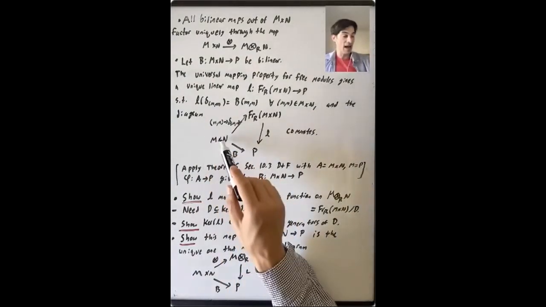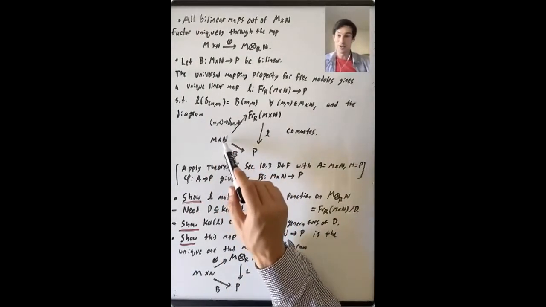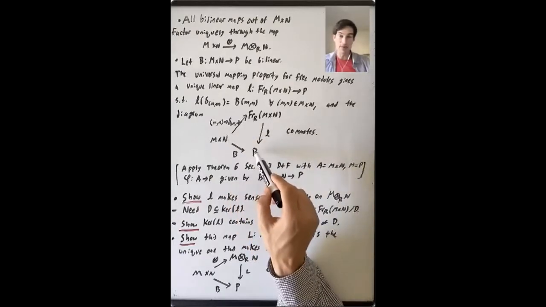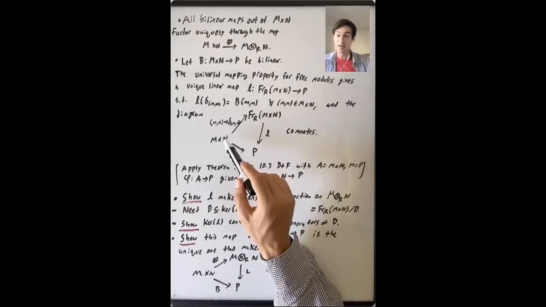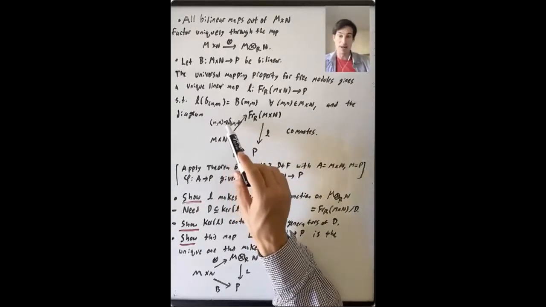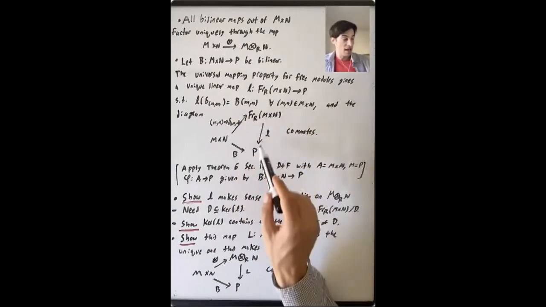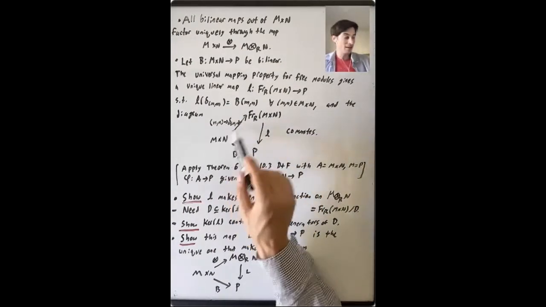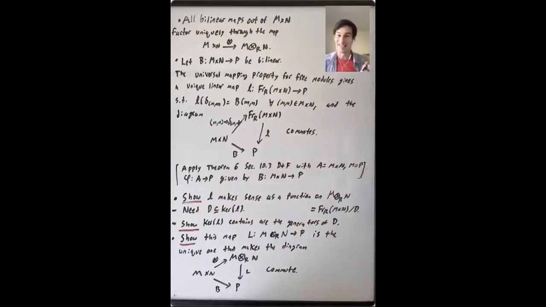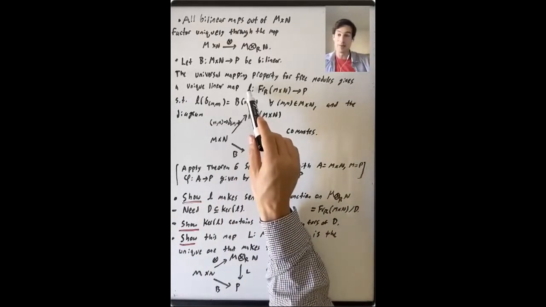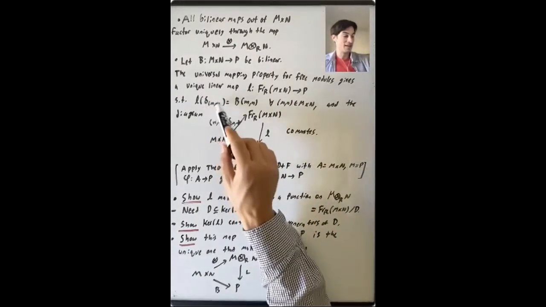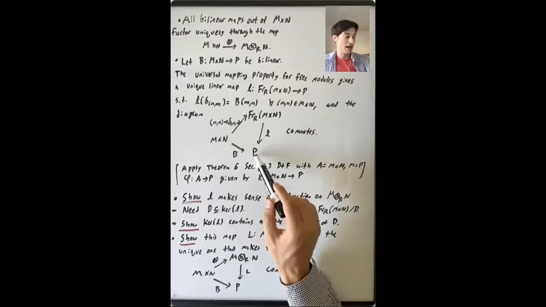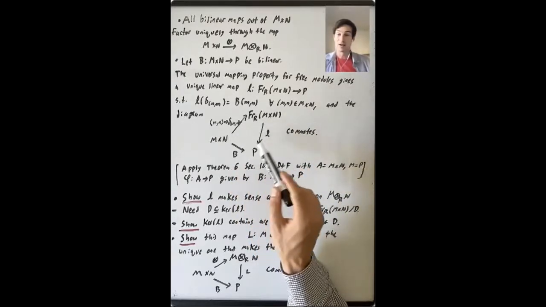So in this diagram, you could start at M × N, apply B and go down to P, or you could apply the inclusion of M × N into the free module, taking the pair (m,n) to δ(m,n), and then apply the linear map L, and it commutes. Saying this again, the universal mapping property guarantees a unique linear map L from the free module down to P such that L of δ(m,n) is B(m,n), that is, this diagram commutes.